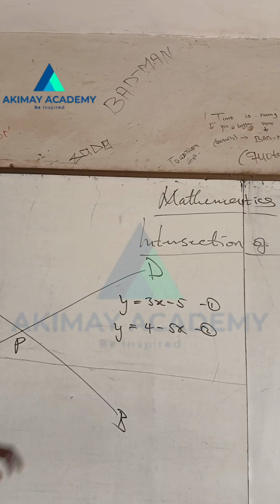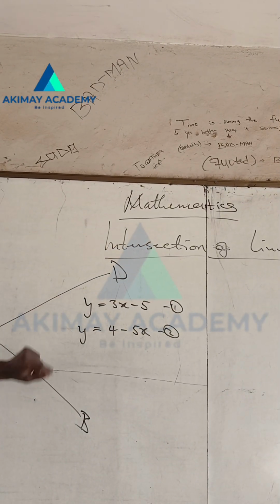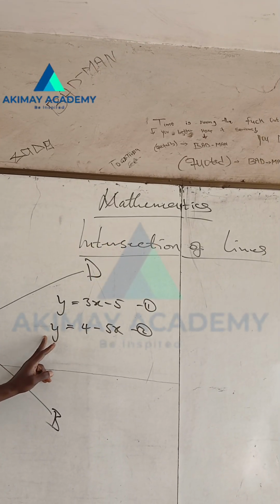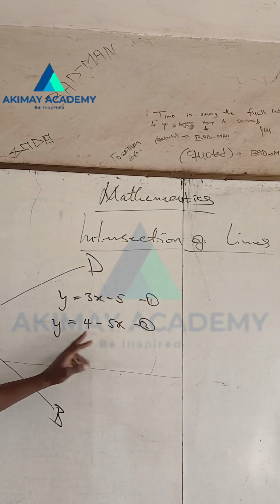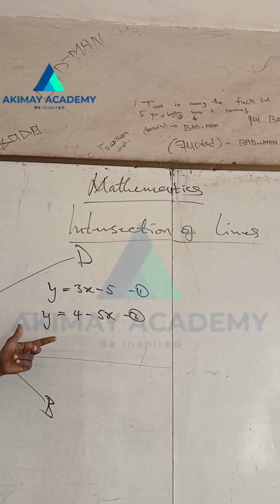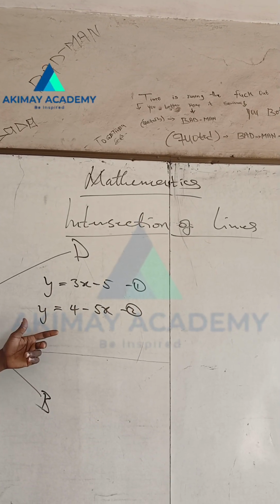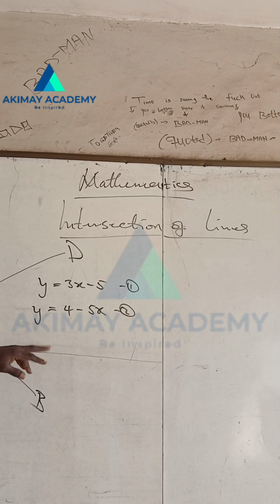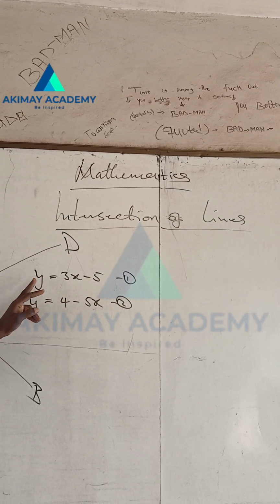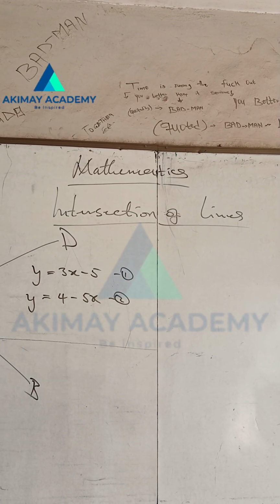We solve the two equations simultaneously. But here we see y is equal to this, and in the second equation too, y is equal to this. So here we have y being the same. So we do the substitution, right? Let's use the substitution method. If y is equal to this, and y is also equal to this, then in place of one of the y's, we can put that inside.